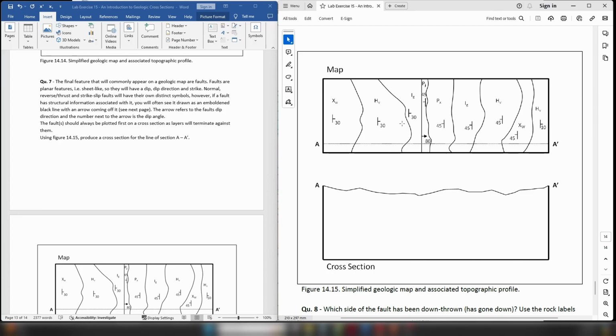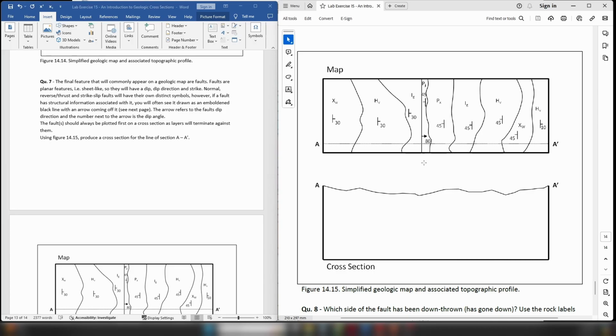So we know that this fault must slice through our sequence of stratified rocks, our sequence of sedimentary layers. So the very first thing that you are going to be drawing in your cross section is going to be the fault, because all of these sedimentary layers must terminate when they hit the fault.